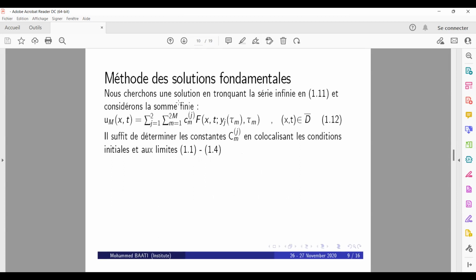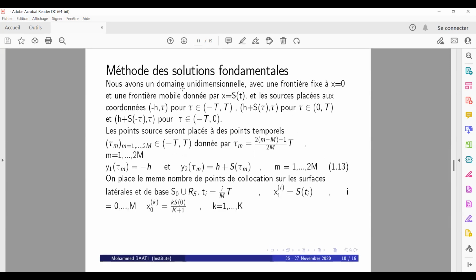Nous cherchons une solution en tronquant la série infinie à une somme finie. Donc ça, c'est la solution par la méthode des solutions fondamentales. Après, on va essayer de déterminer les constantes C_m.